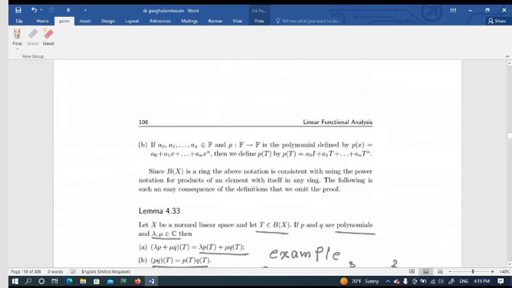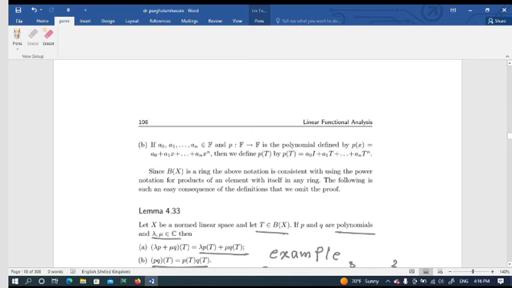If a0, a1, ..., an are in F, meaning they are scalars, and P from F to F is the polynomial defined by P of x equals a0 plus a1x plus ... plus anx power n.